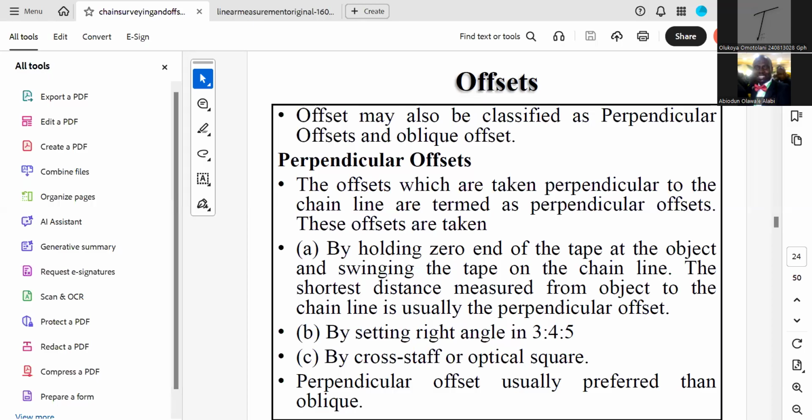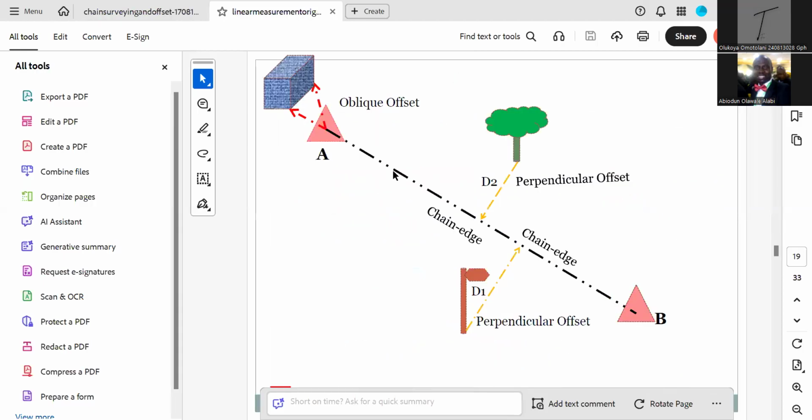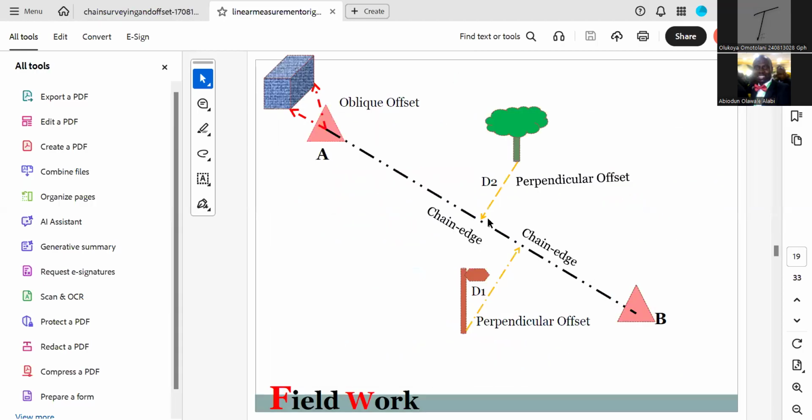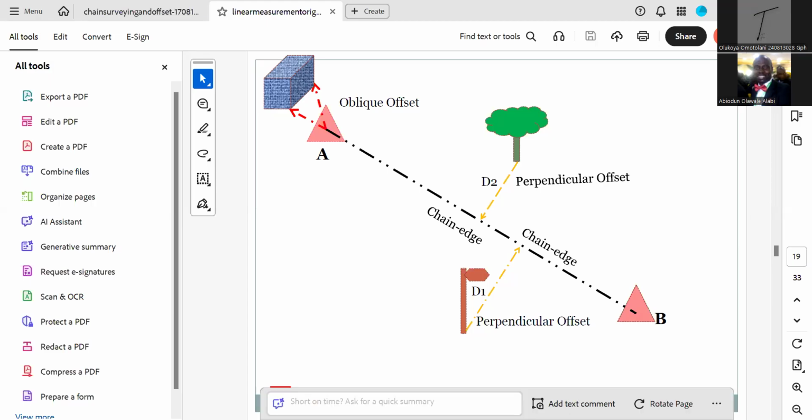I've explained that in this diagram. This chain line is perpendicular to this line, and this is the offset line. This offset is called a perpendicular offset because it is perpendicular to the main survey line AB.